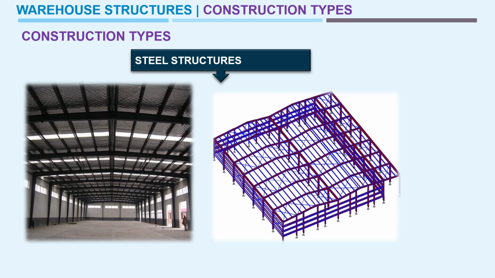The two columns and the two rafters, from the left to mid and the right to mid, are connected with tie members throughout the length. This kind of arrangement is called portal frame structures.